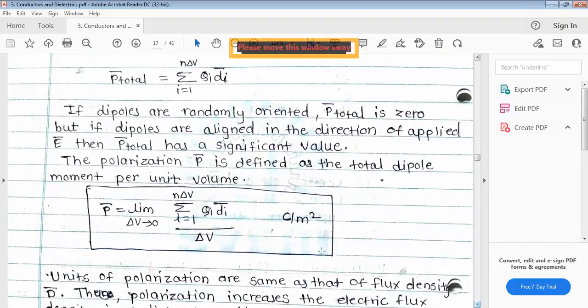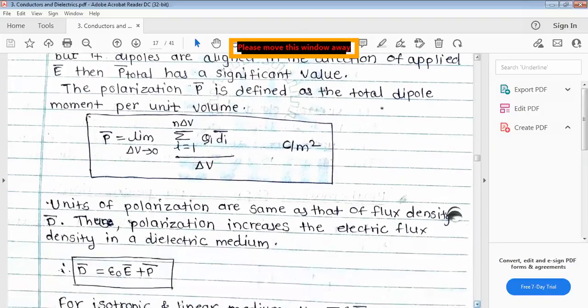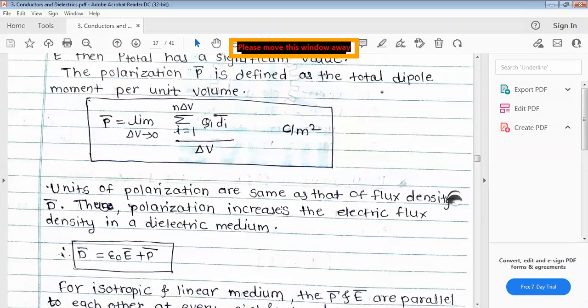So this is the unit of flux density also, D bar. The units of this polarization are the same as that of the flux density D bar. Thus polarization increases the electric flux density in a dielectric medium.